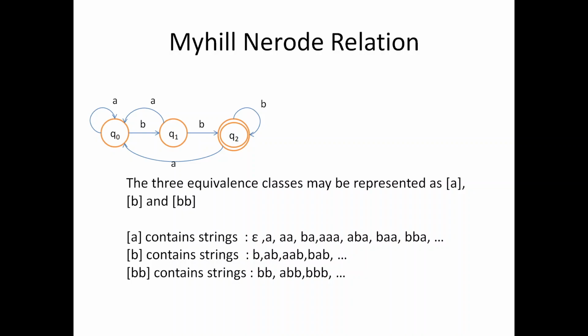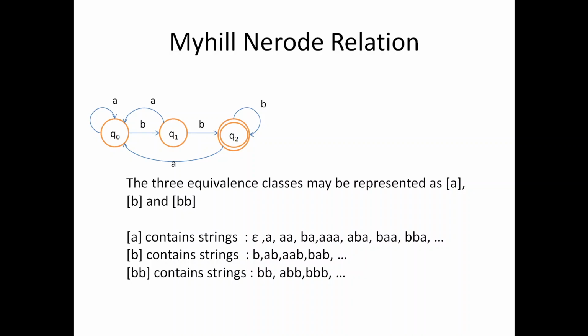If in Q1 we come across A, then we have to see two more B's coming consecutively in order to reach the final state. So in Q1, if we read another A, we will go to state Q0.